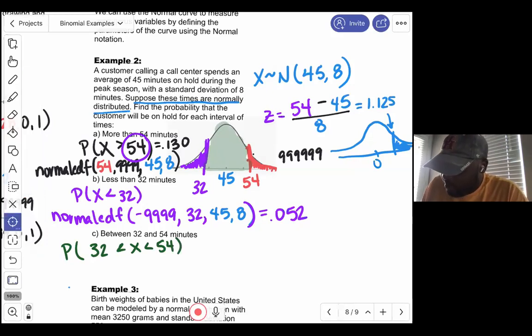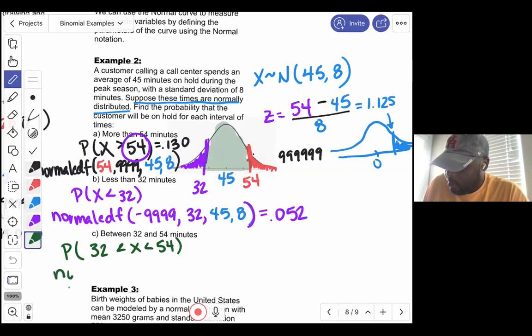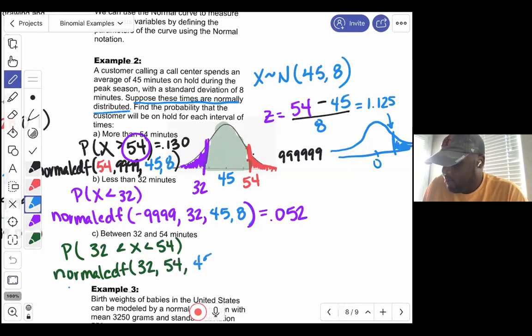So the lower bound is stopping at this value, 32, and the upper bound is stopping at this value, 54. So we do normal CDF, lower bound 32, upper bound 54. The mean is 45, and the standard deviation is 8.